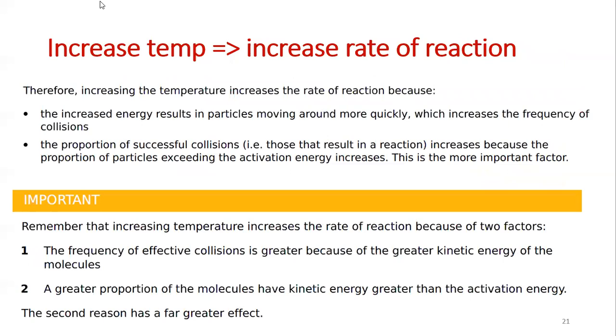So that's the reason why when we increase the temperature, we increase the rate of reaction, because the particles move quickly. So it increases the frequency of collision, and the percentage of successful collisions increases. So that comes to kinetic energy. They move faster, with higher energy.